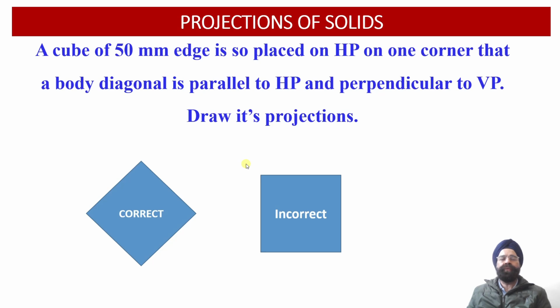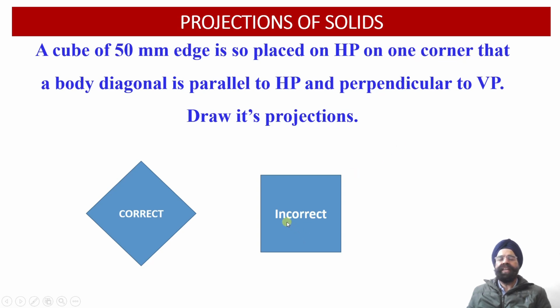Now let us first of all evaluate the orientation of this cube as it is going to rest onto the horizontal plane. So here we can see, if we choose this orientation of the cube onto the horizontal plane, as this cube will be inclined with respect to the horizontal plane, it will be resting on one of its edges of its base onto the horizontal plane, whereas we have been provided with the information that this cube is resting on one of its corners on the horizontal plane.